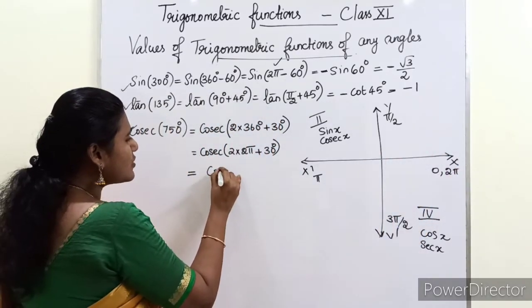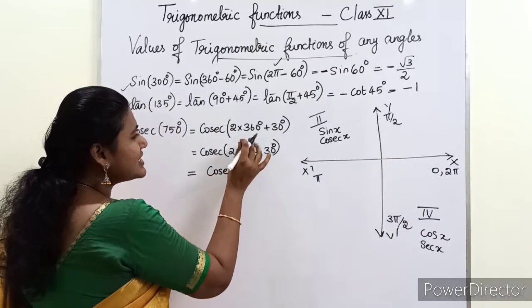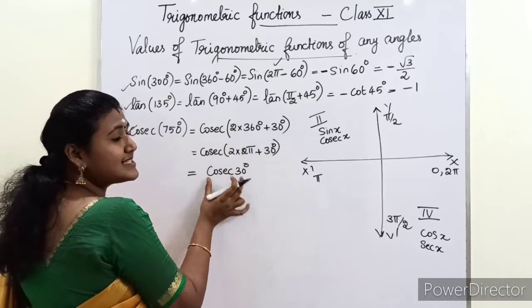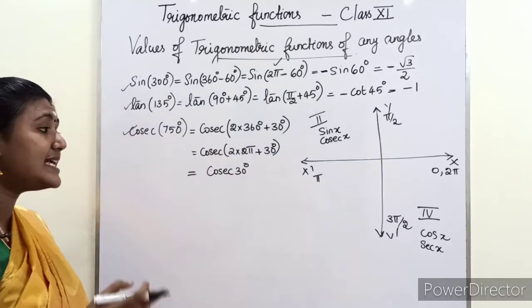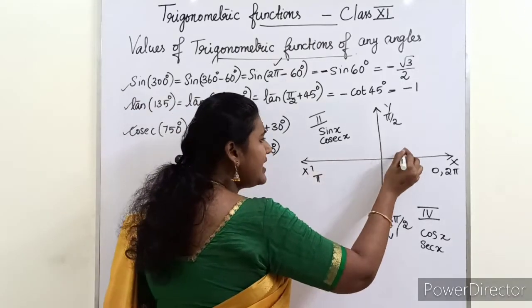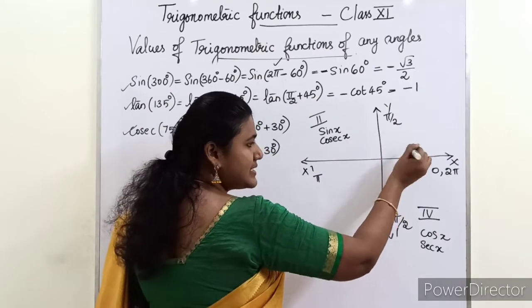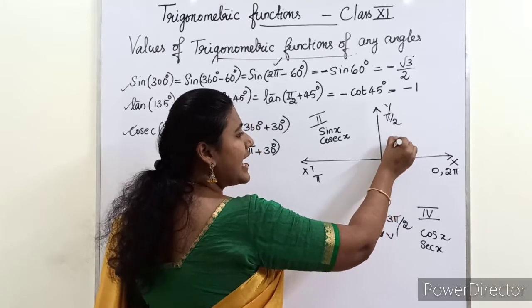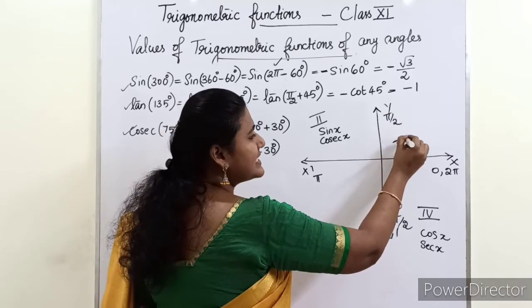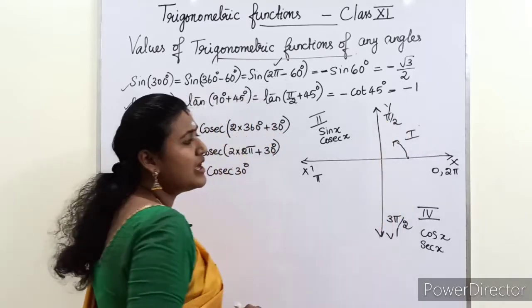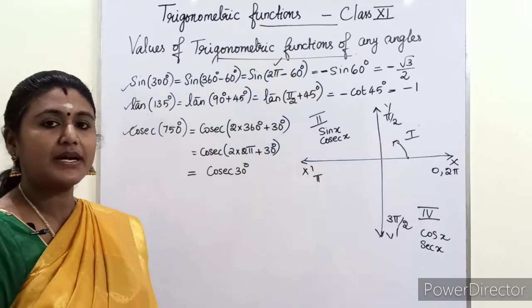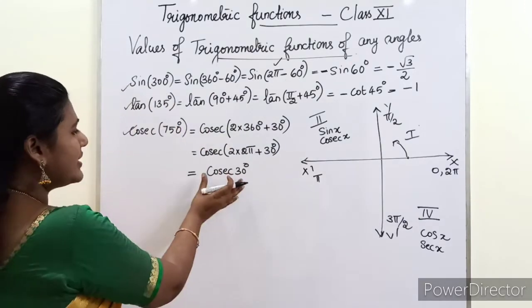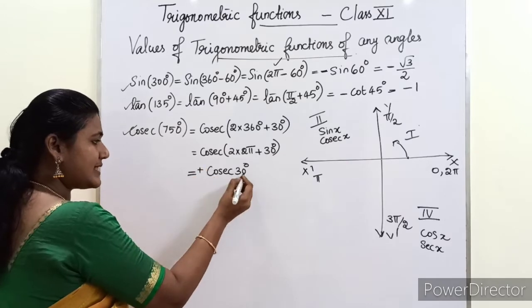So we can write cosec 30 degree, and you just check which quadrant this angle lies in. 750 lies in which quadrant? See, if it completes one revolution, it is 360, one more revolution, it is 720, and now the angle is 750. So again it is coming in the first quadrant. In the first quadrant, all the trigonometric ratios are positive. So here the answer is plus cosec 30 degree.